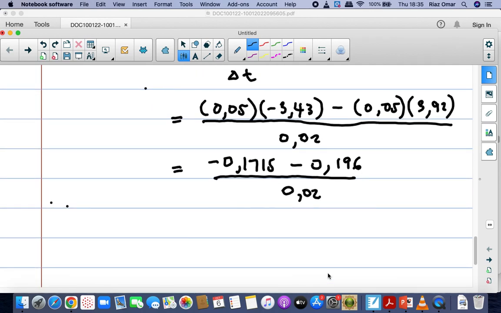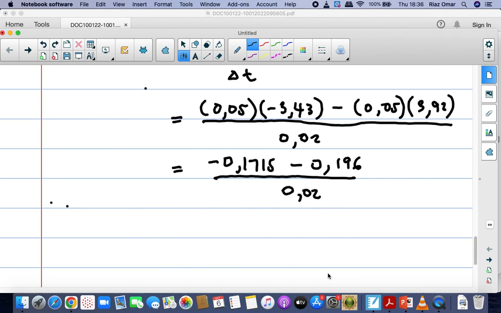And if you work that out, what do we get? 0,1715, and it must be a minus sign.